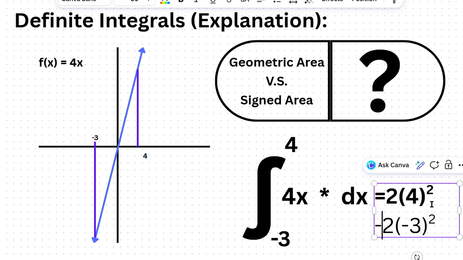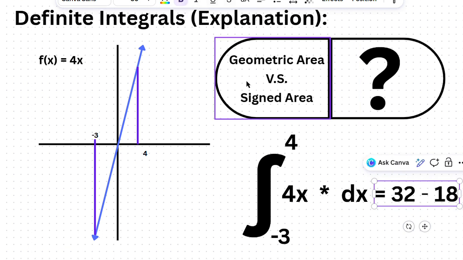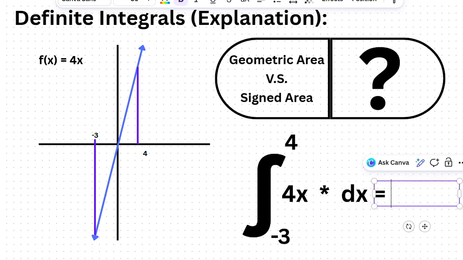So 2 times 4 squared: 4 squared is 16, times 2 is 32. And then negative 3 squared is 9, times negative 2, which is negative 18. So 32 minus 18 is equal to 14. That's our answer, 14.